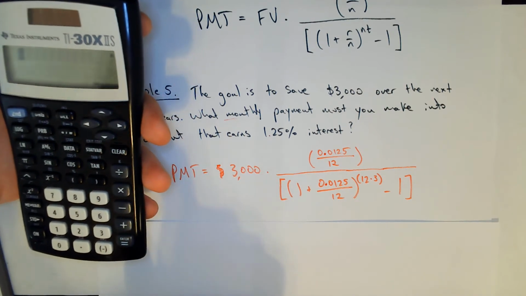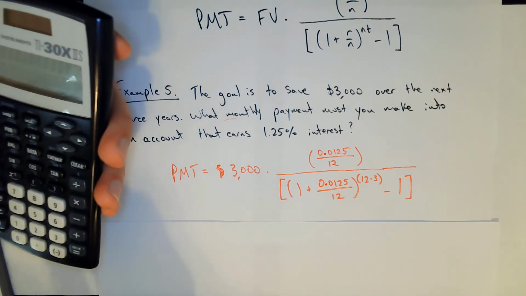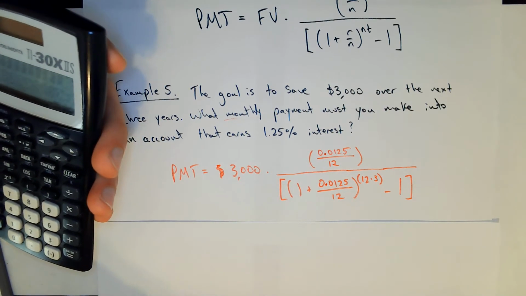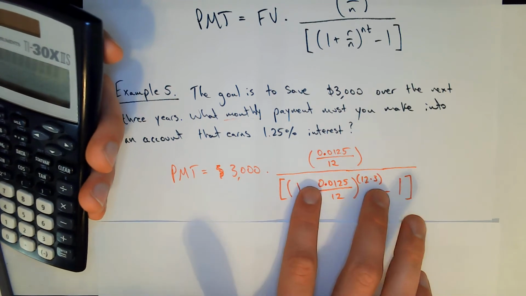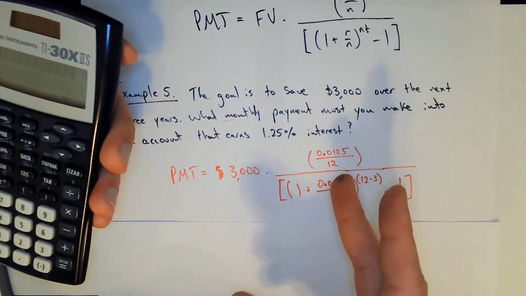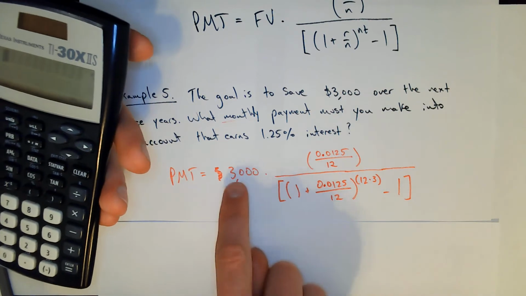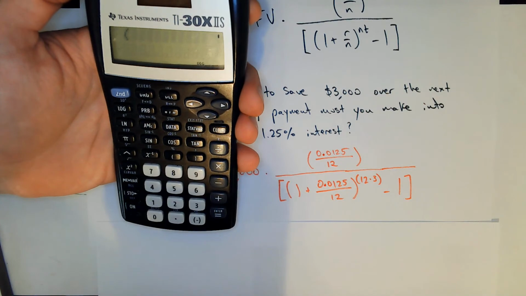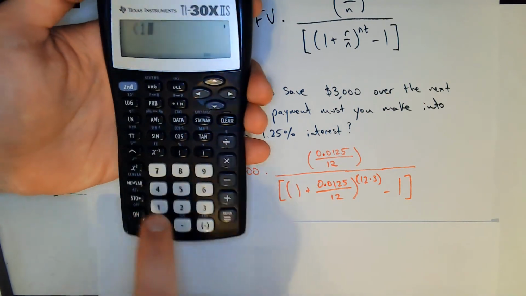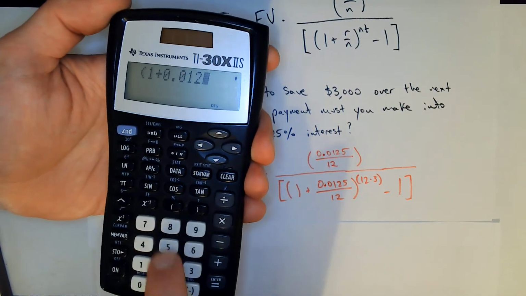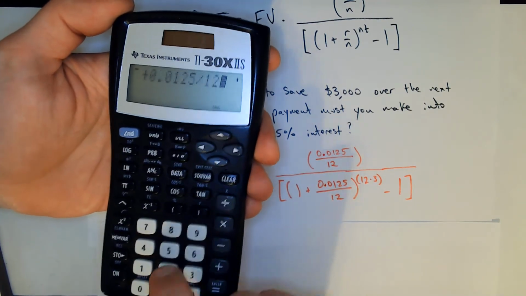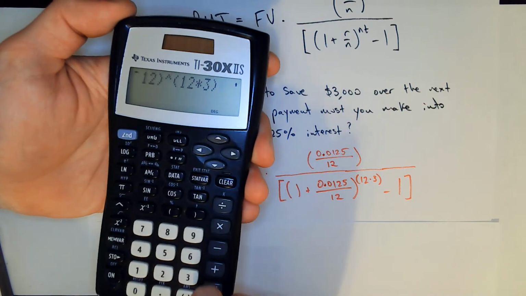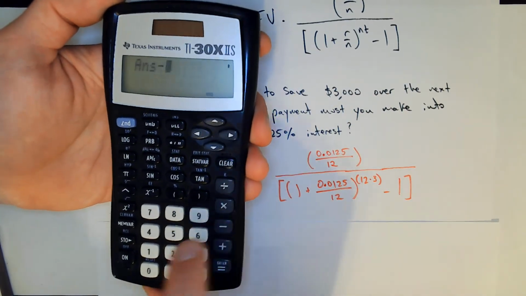Gonna have to be careful here. What's the most efficient way of doing this? Probably get this denominator, then invert it, and then multiply by this stuff that's on top. So I'm going to say one plus 0.0125 divided by 12 raised to the 12 times 3, hit equals, don't forget the minus 1.